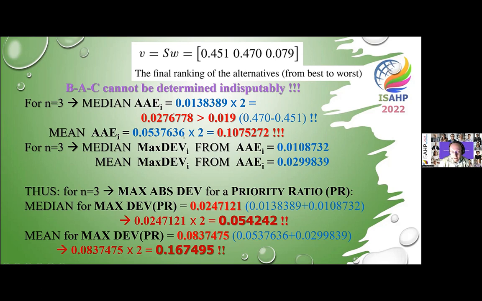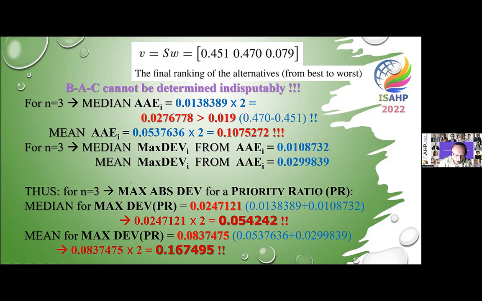As you can see, I multiplied this error by 2 again to show that we can consider these priority ratios as certain only when the distance between them is bigger than 0.1. I also calculated for 3 alternatives the median value of maximal deviation from the average absolute error, and again it is a little bit bigger.